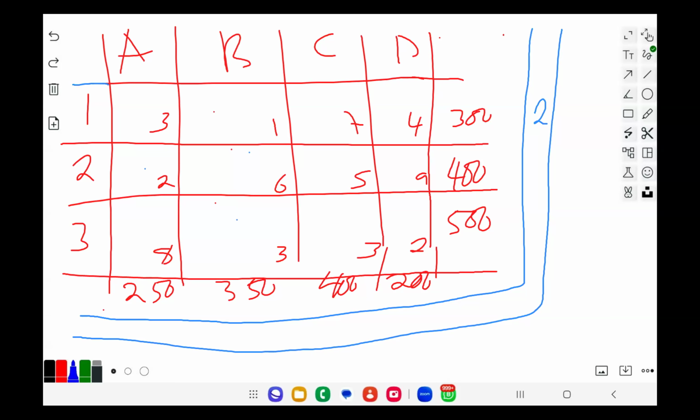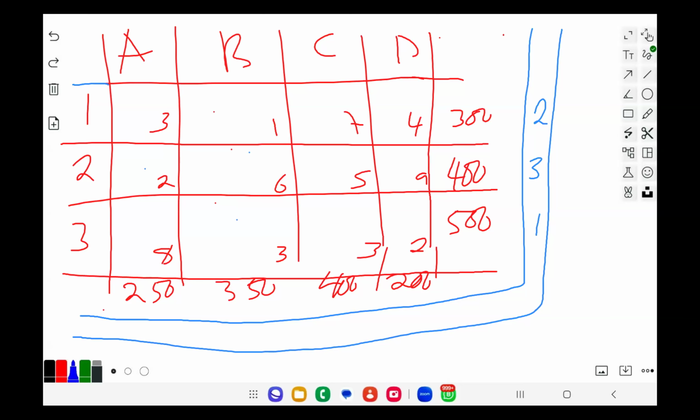So we go to row 2. The minimum is 2, the next minimum is 5. 5 minus 2 gives us 3. Then the next one is 2 and 3, which gives us 1. Then we go to the columns now.